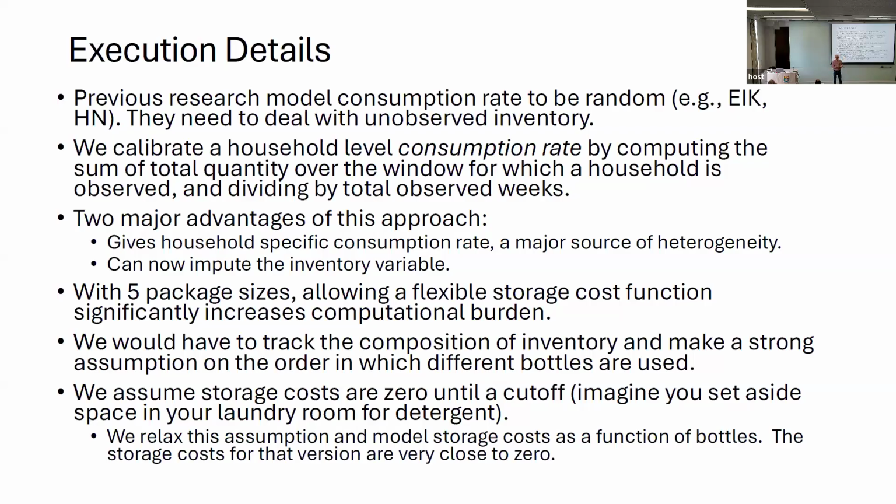In this kind of consumer packaged goods data set, although we have very good information about what people buy, how much they buy, and the prices, we don't directly observe inventory. So with a random consumption rate, the inventory variable is unobserved to the econometrician, and we would have to integrate it out. That would make the problem even harder.